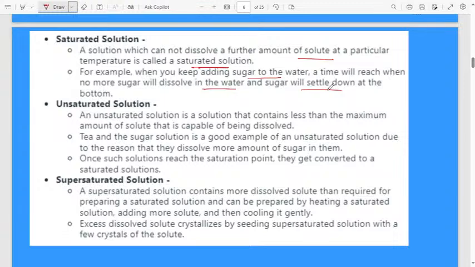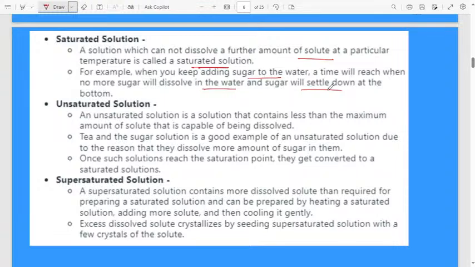When you are preparing juice, normally we prepare juice at normal temperature, we will not boil the juice. When you keep adding sugar, up to some point the sugar will get dissolved. After adding two more spoons, you can see that amount of sugar is left undissolved in the juice.